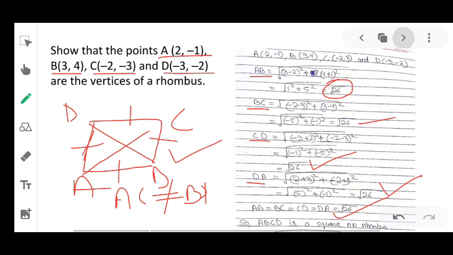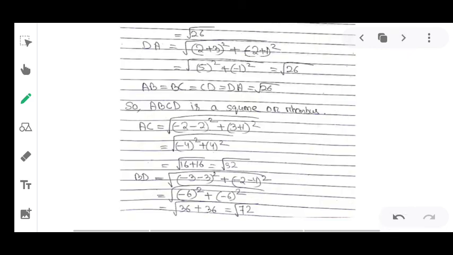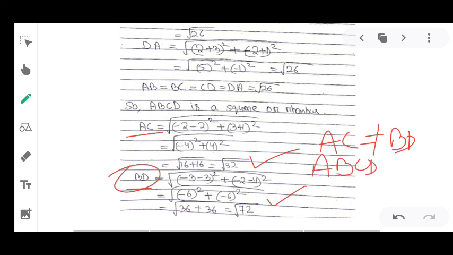Okay, so if it is not a square, then its diagonals should not be equal. So find out the diagonals AC and BD. Okay, so AC is root 32 and BD is root 72. So AC not equal to BD. Okay, the diagonals are not equal. So now you can write ABCD is a rhombus.